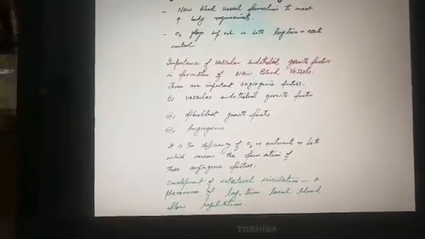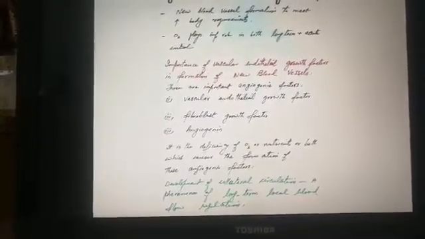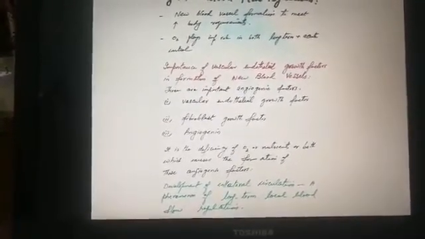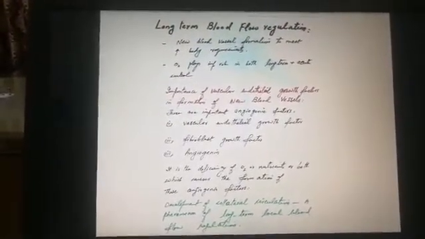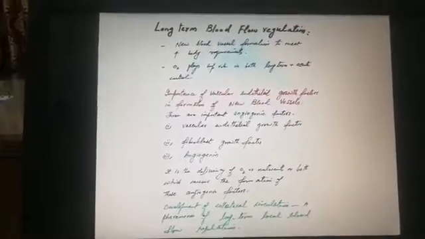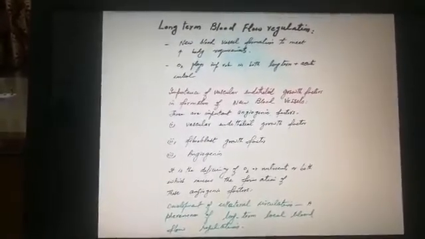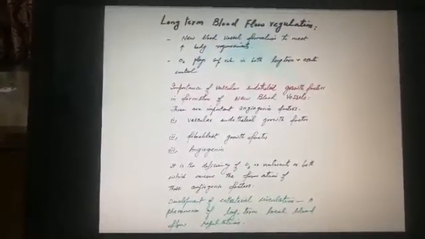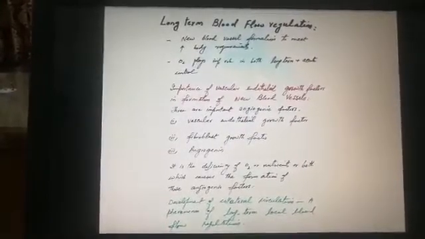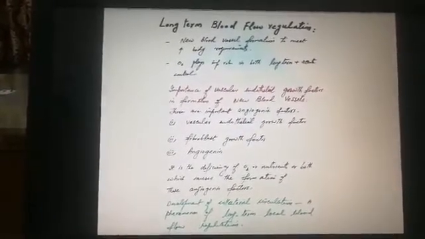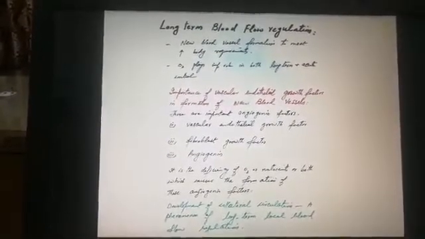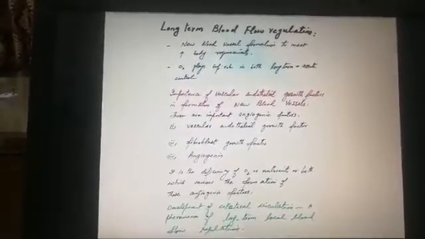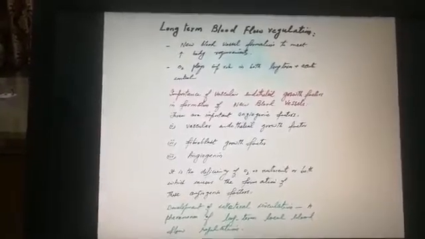These are the substances, angiogenic factors, which cause angiogenesis for long-term blood flow, which takes days, weeks, or months. It is the deficiency of oxygen, nutrients, or both, which causes the formation of angiogenic factors. So the main stimulus for these angiogenic factors is deficiency of oxygen and nutrients.